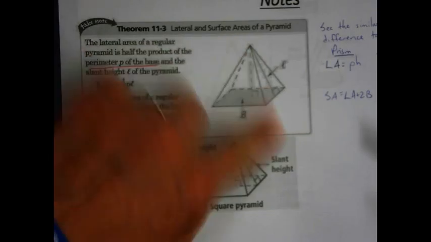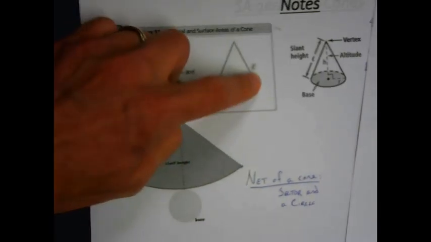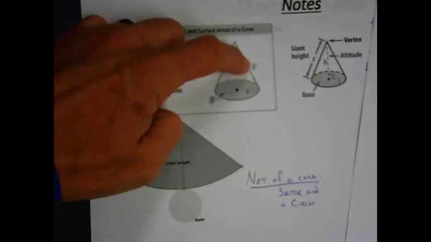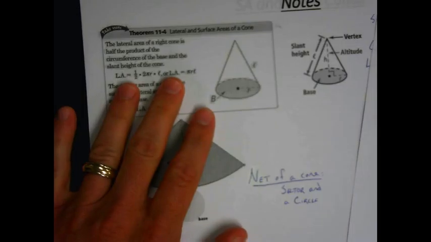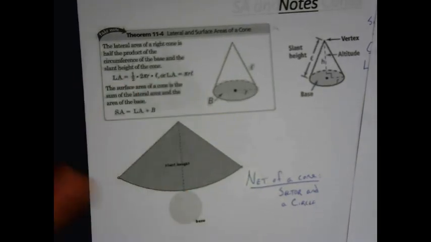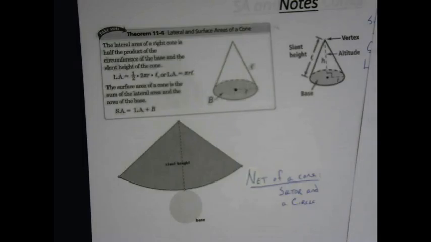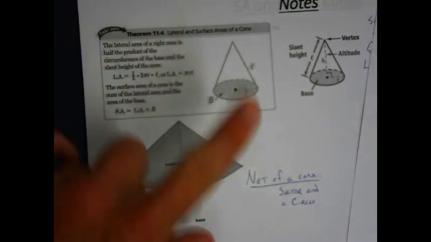The key ingredient of working with pyramids and lateral area is that slant height. In a cone, slant height is equally critical, equally important. But because we're dealing with circles, our formulas may make things look more challenging than they actually are. I'm telling you, it's the same as the formula for a pyramid: one half the perimeter of the base times the slant height. So it's the same thing.